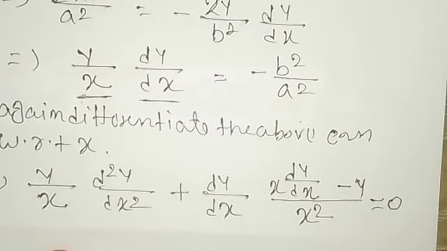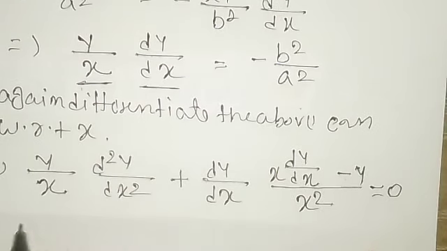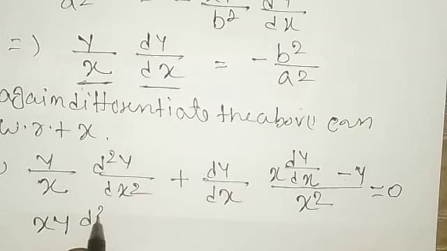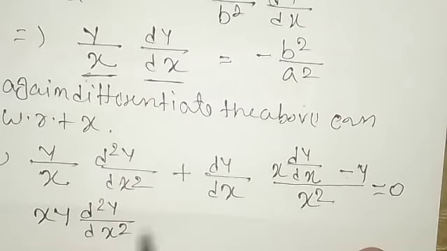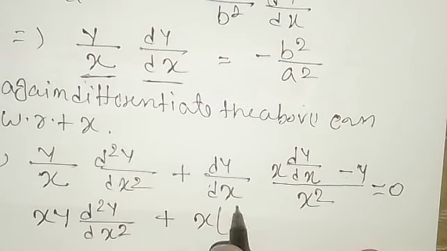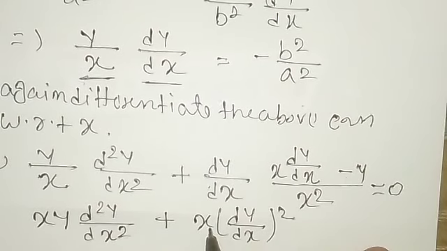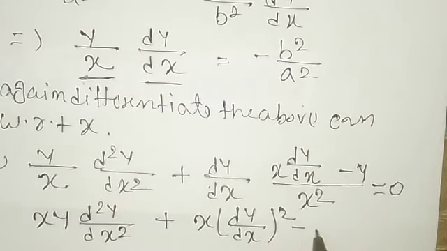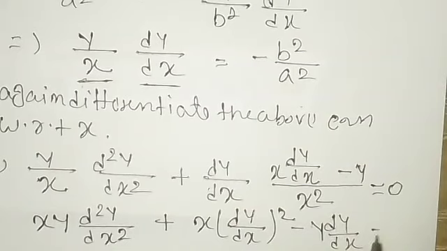On further simplification, the equation becomes dy by dx times x into dy by dx minus y, over x square, and the other term as it is. Taking x square common, x multiplies the other term, so the equation becomes xy into d square y by dx square plus x into (dy by dx) whole square minus y into dy by dx is equal to 0.